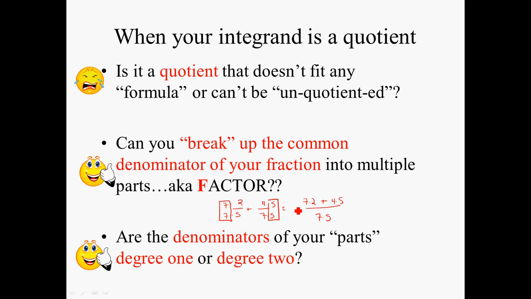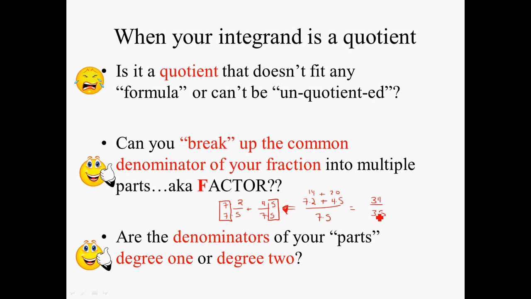Partial fractions is taking what you learned in elementary school and breaking it back up. Taking this fraction, which of course looked like 14 plus 20, which is what, 34? Right? 14 plus 20.